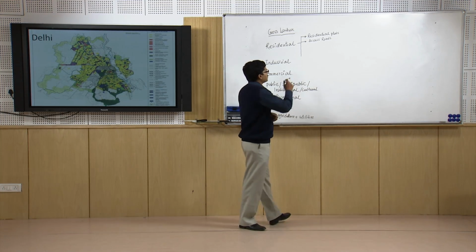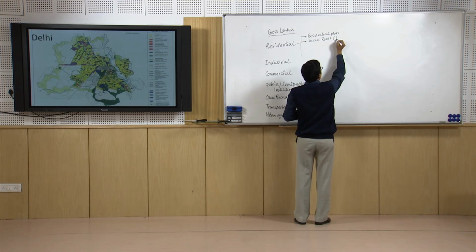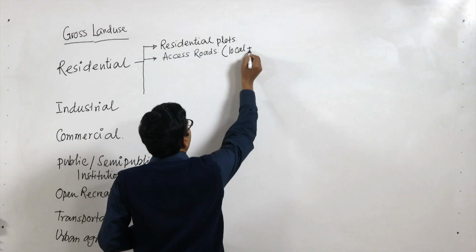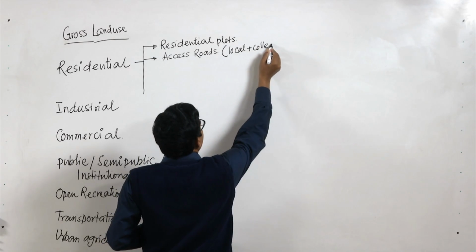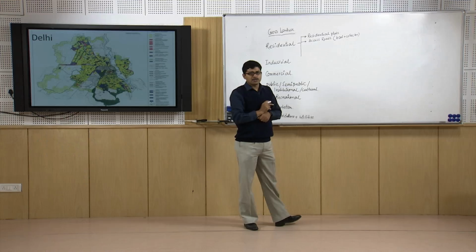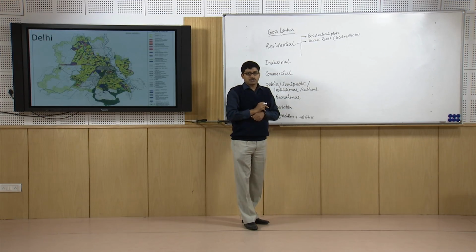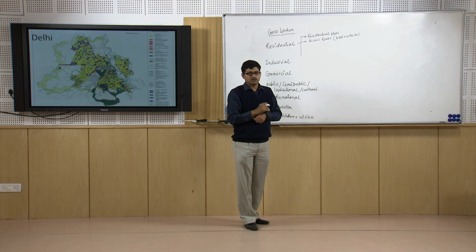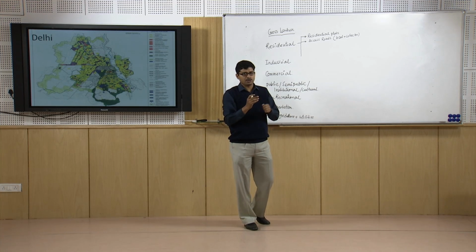So the access roads include local plus collector. The local road is the narrowest road, the basic road which is passing through your plot or just outside your plot, the road which gives you access to your house.